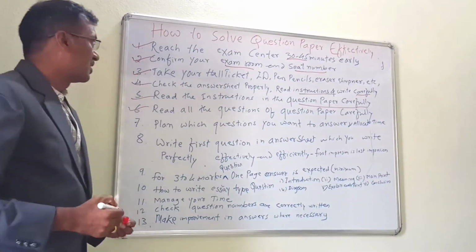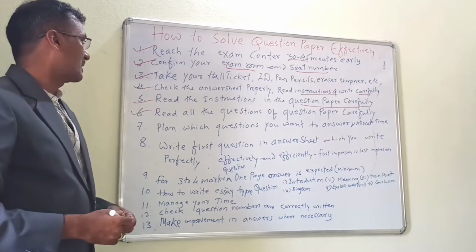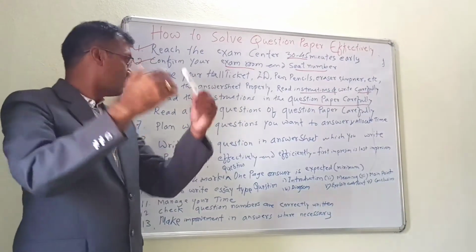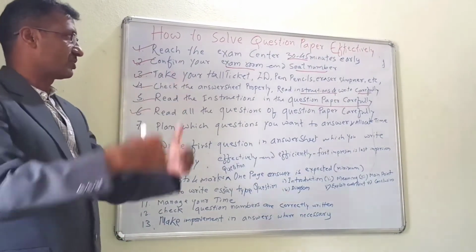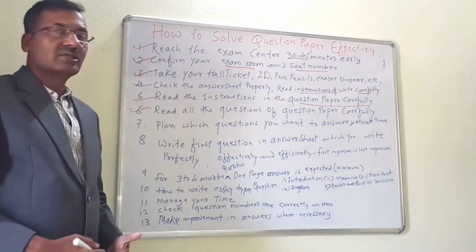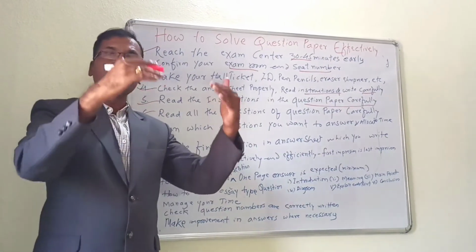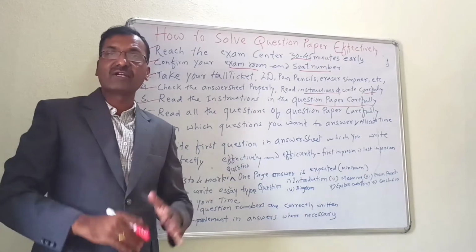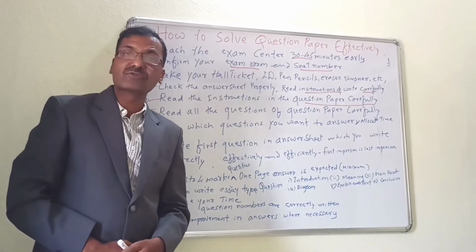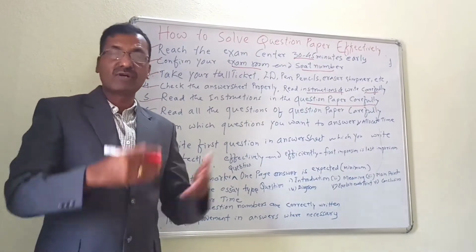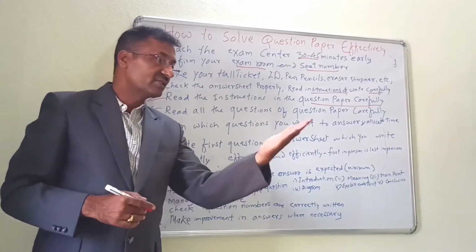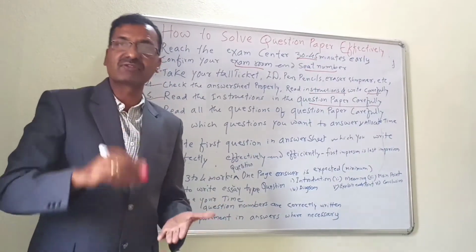Then the sixth point is to read all the questions of the question paper carefully. Once you receive the question paper, you can read each and every question by taking 5 to 6 minutes. What students do is, they are in a hurry. Once they receive the question paper, they start with the first question, then the second question.